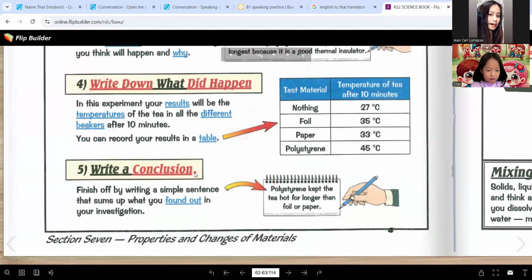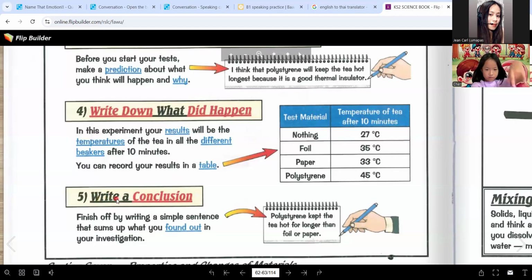Okay, number 5. What will you write? Write a conclusion. Very good.